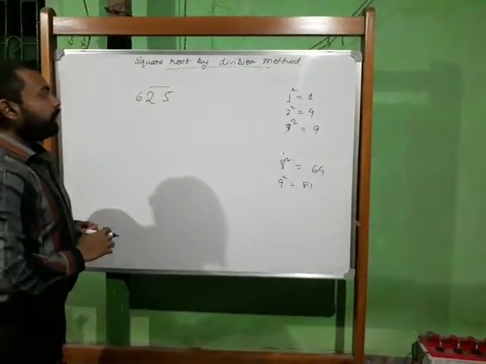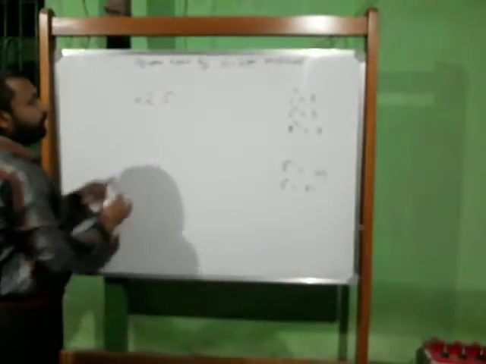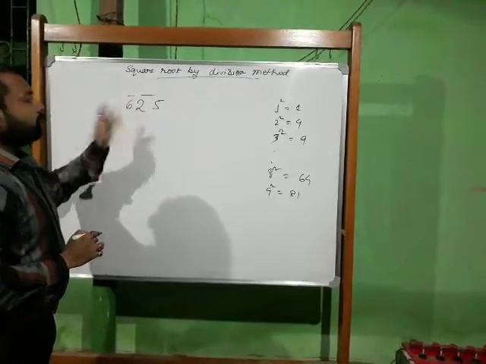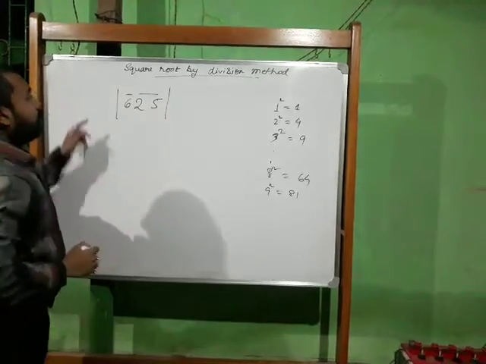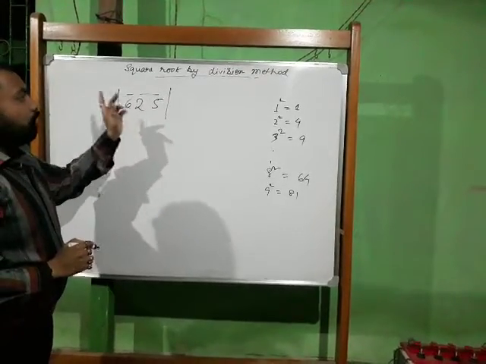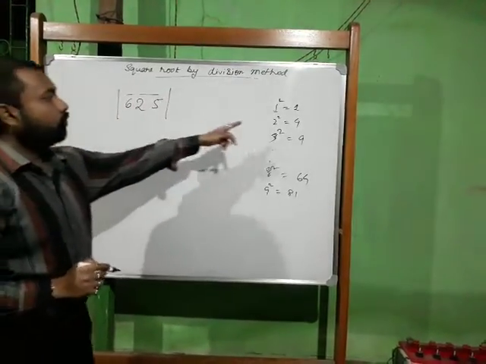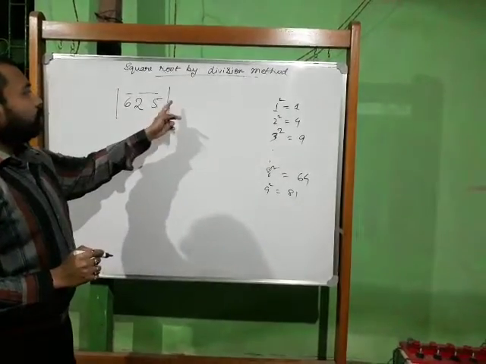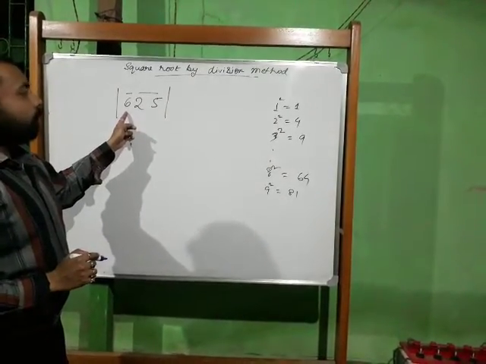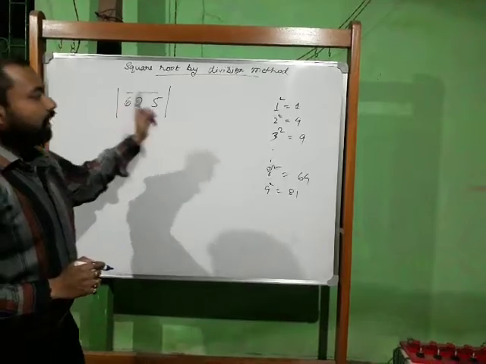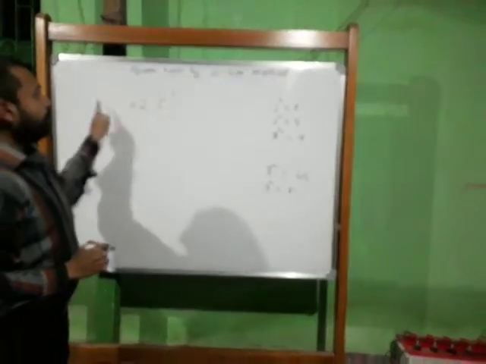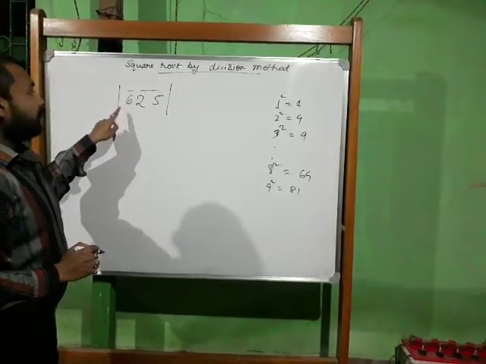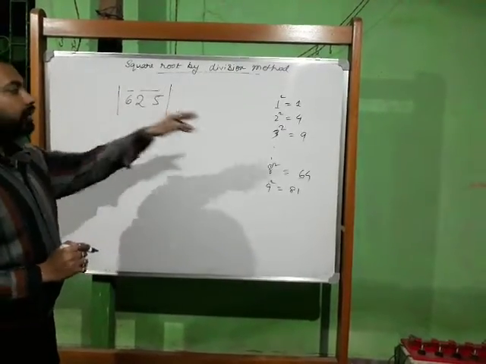So this is one pair, and since only one digit is left, that makes another pair of one. Now start the division. 1 square is 1, but 1 is very small, so let us go for 2 square. 2 square is 4, again smaller than 6. Let us go to 3 square. 3 square is 9, which is greater than 6, so we can't take 3 square.